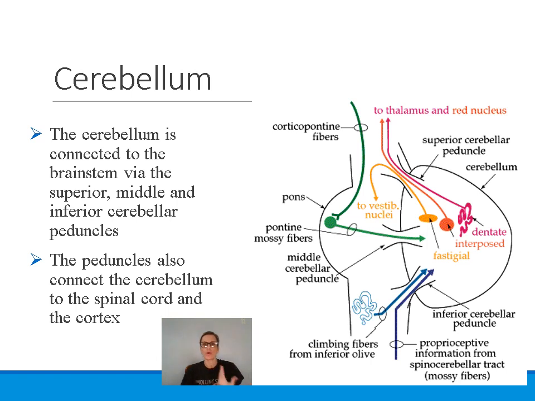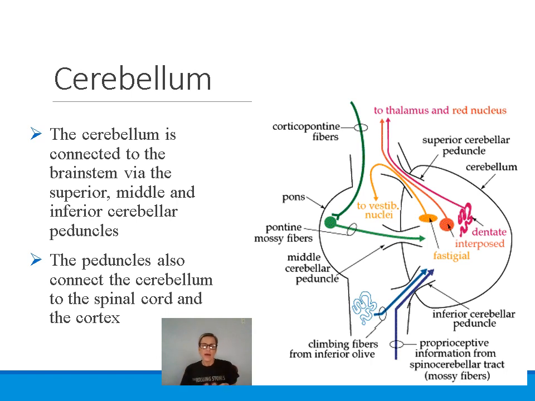The cerebellum coordinates information from the cerebrum, from the spinal cord, from the brainstem. So there are tracts or connections of white matter where axons are traveling back and forth between all of these areas and the cerebellum. The cerebellum has a lot of axons coming in because it's getting a lot of different information, and then it has fibers that are going out to give this information to the cerebrum, for example.